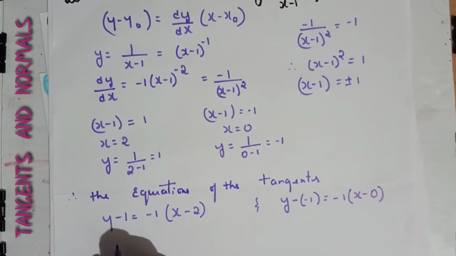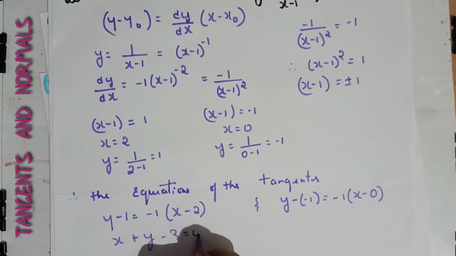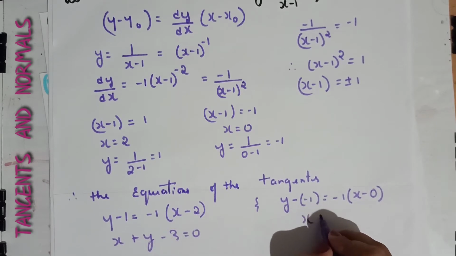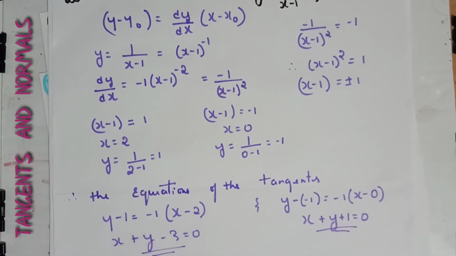So when you simplify this, the final equations will be x plus y minus 3 equal to 0, and x plus y plus 1 is equal to 0. So these will be the equations of the lines with the slope minus 1, that are tangents to the curve y is equal to 1 by x minus 1.